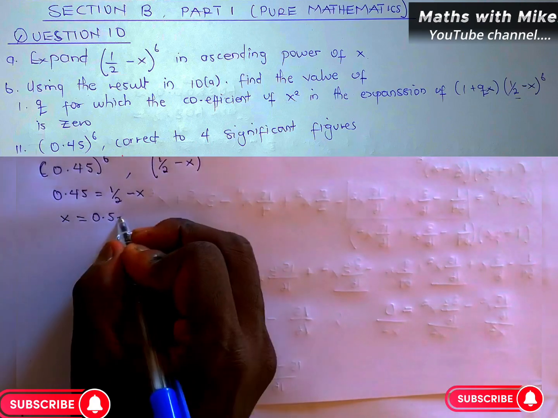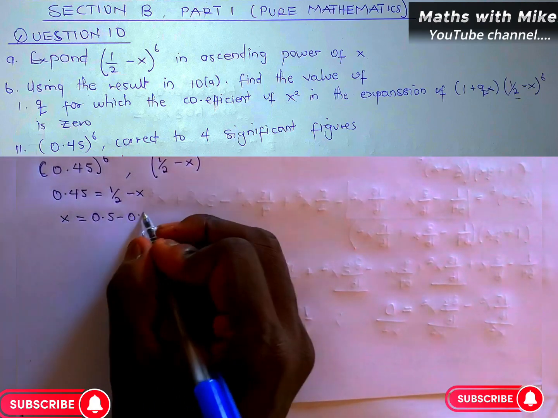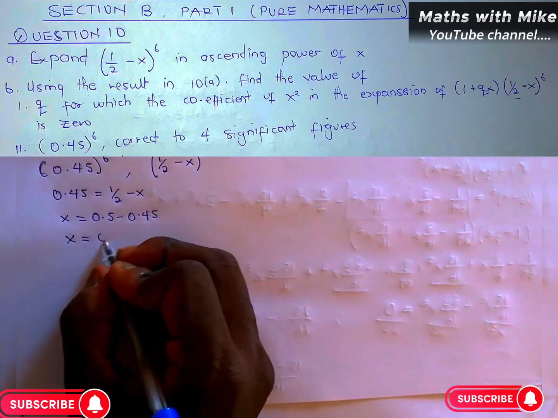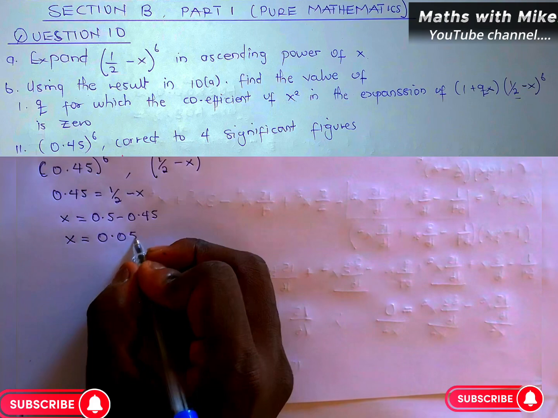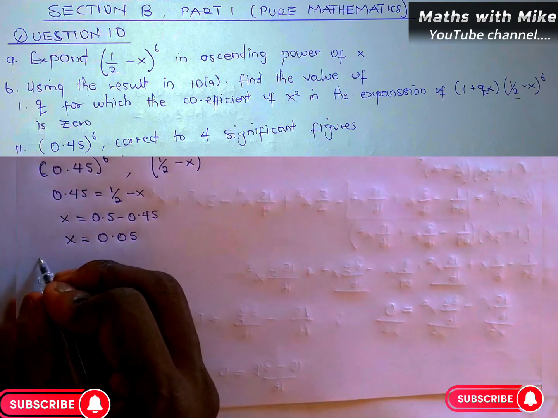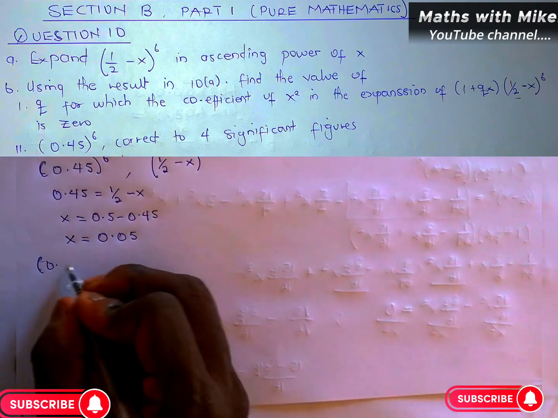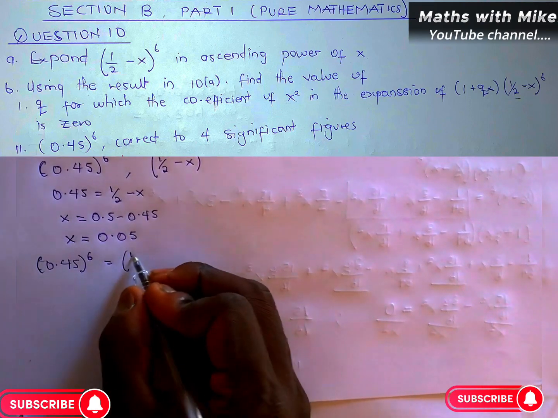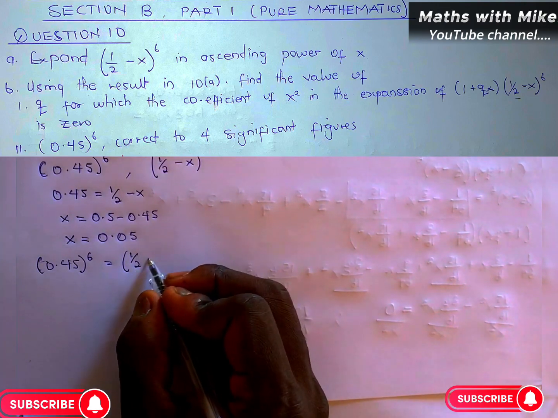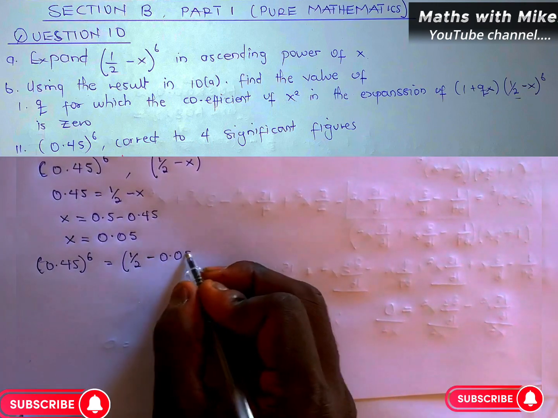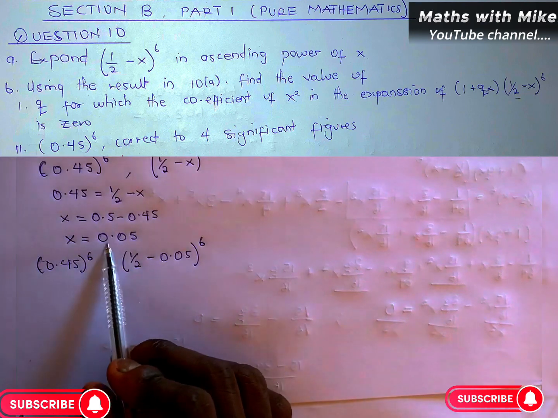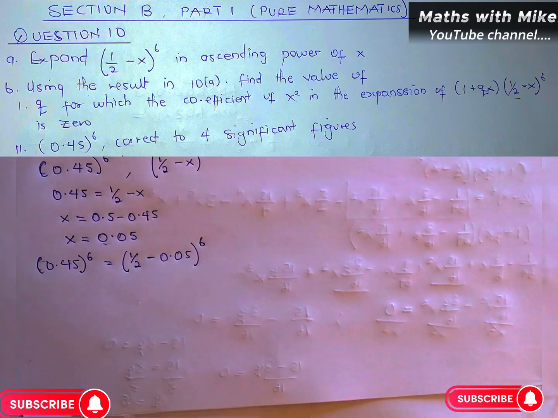So 0.5 minus 0.45. And we get x to be equal to 0.05. So we can say that 0.45 exponent 6 is the same as 1 over 2 minus 0.05 exponent 6. So what that means is, wherever we see x in the expansion, we substitute 0.05.